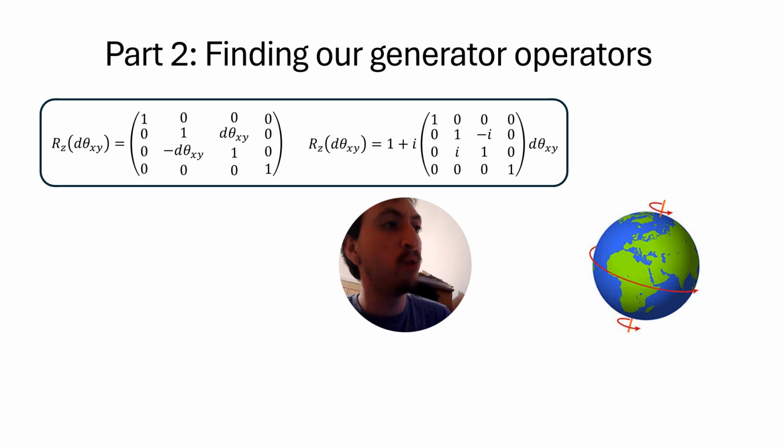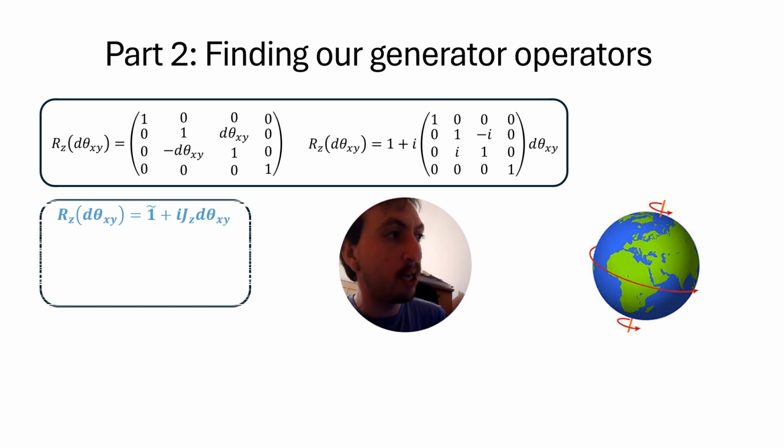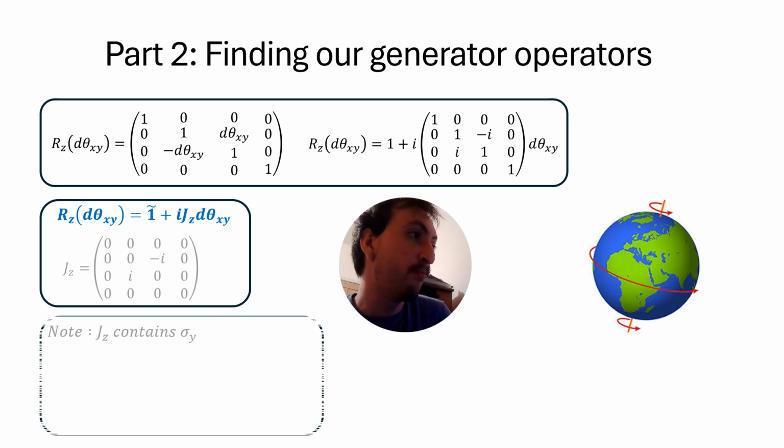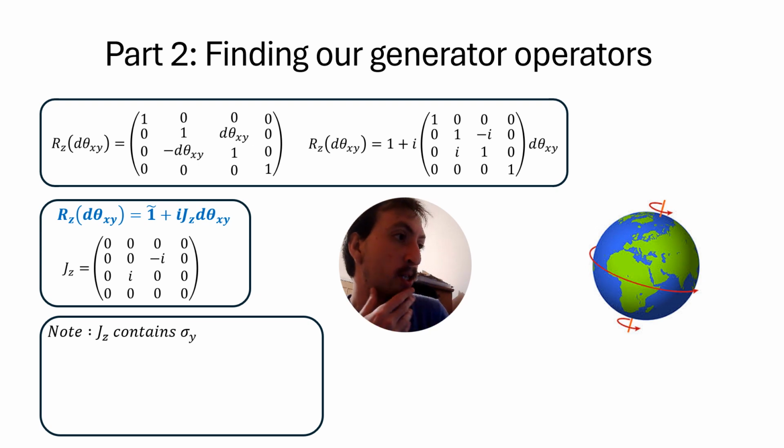And then we're left with this 4x4 matrix. Now, we really want to give this 4x4 matrix a special name, and the name we give it is, well, we call it the generator of rotations.